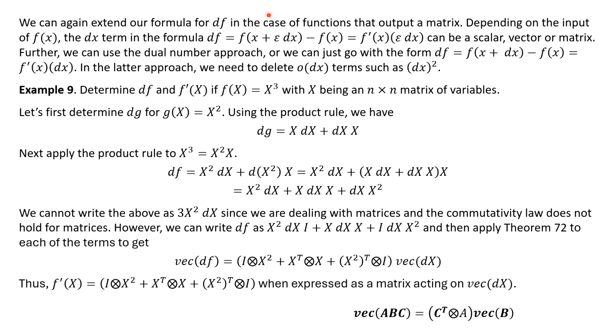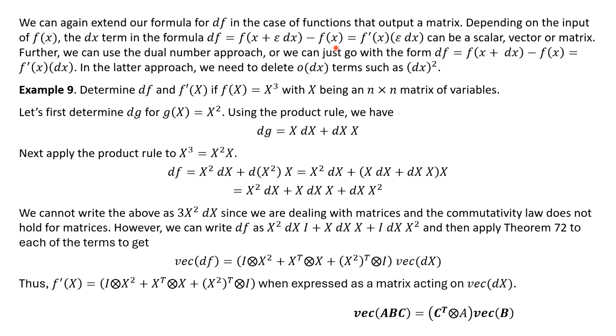I have a few more examples here, but in this case the output from the function is actually a matrix. We can handle that by extending our formula for df. It looks pretty much the same here. The output will be a matrix, so f of x is a matrix in this case, and our dx term is either a scalar, a vector, or a matrix, depending on what the input is.